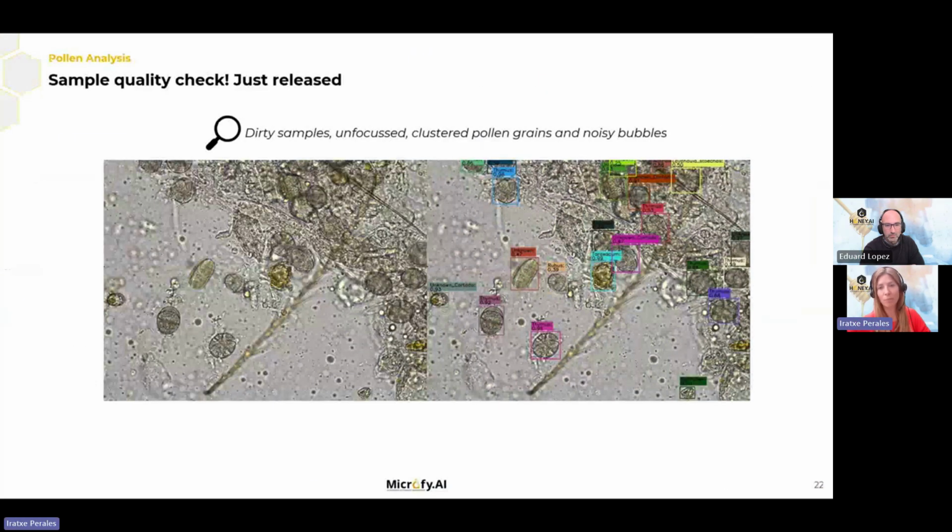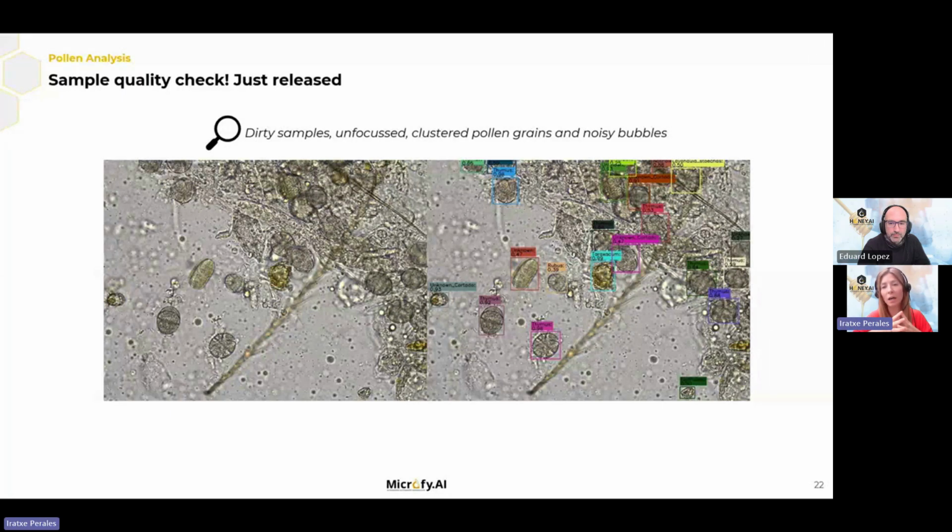One thing that we have implemented, as I said, is that this device is intended for non-lab users. It means that everybody can use our system. It means that sample preparation may not be good. So we have just implemented a check for quality. If the sample preparation is not correct, we will not provide the results.